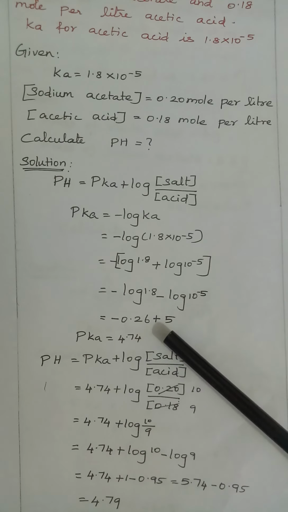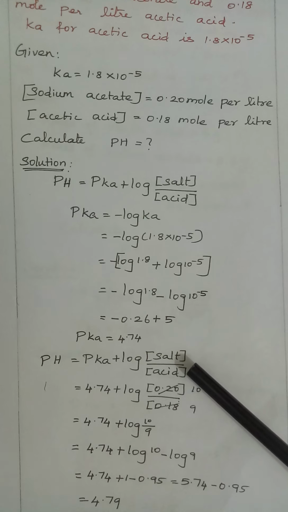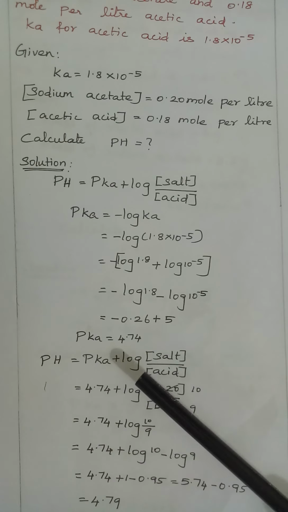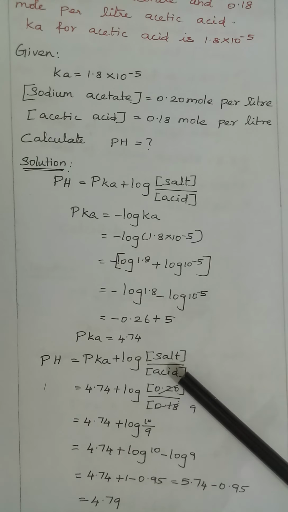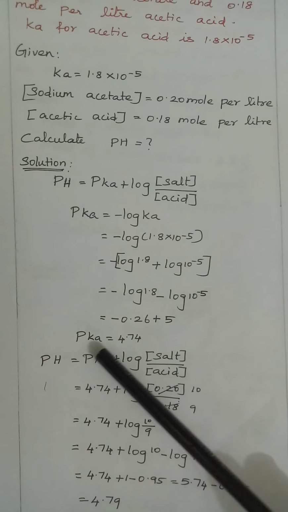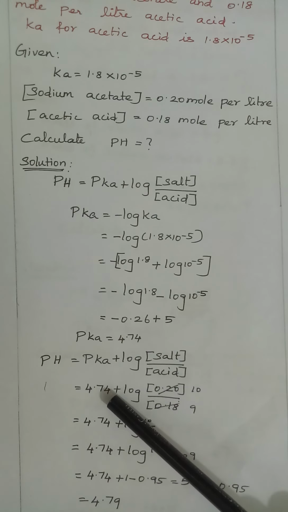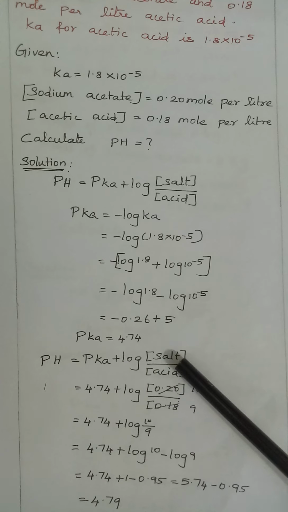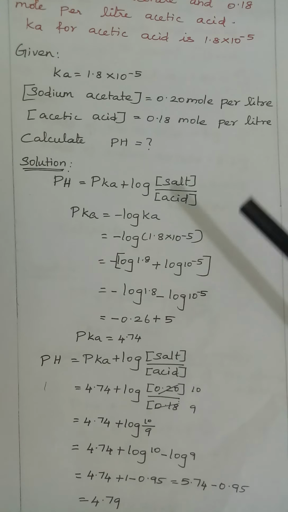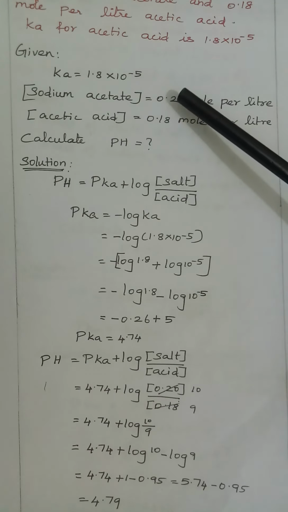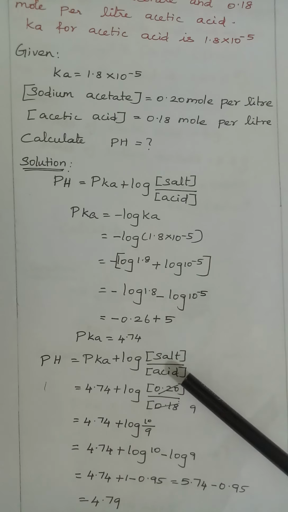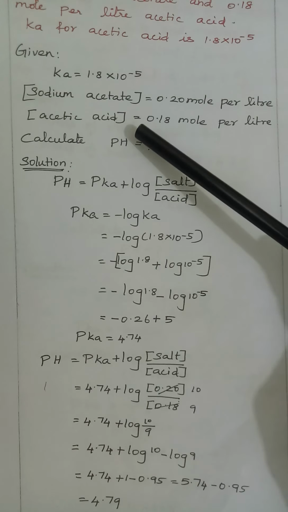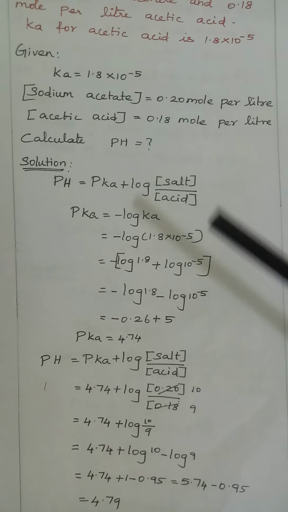This pKa value is applied in the Henderson equation. pH is equal to pKa plus log of concentration of salt divided by acid concentration. pKa is replaced by 4.74 plus log of the salt, sodium acetate, 0.20, divided by the acid, acetic acid, 0.18.